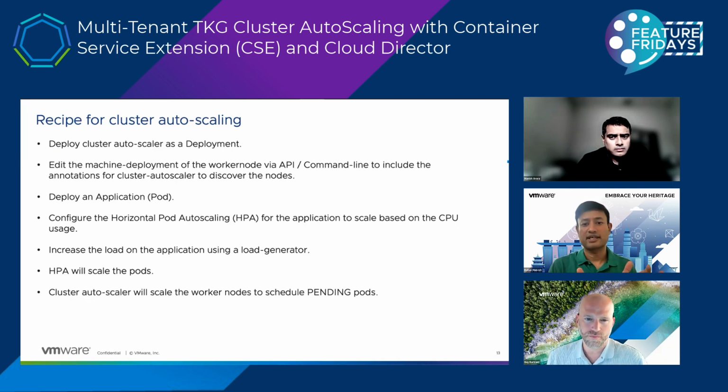It can be done via API, the VCD RDEs that we have today. You can either use that using Postman, or you can directly go to the command line and say, I want to do kubectl edit machine deployment, and then I can add those two annotations, the annotations about the min size and the max size for the group. As soon as you add that, the cluster autoscaler will discover this worker node.